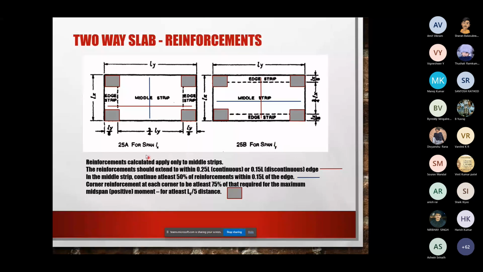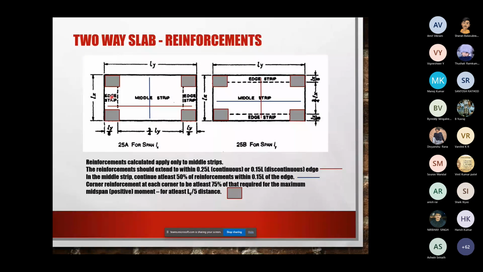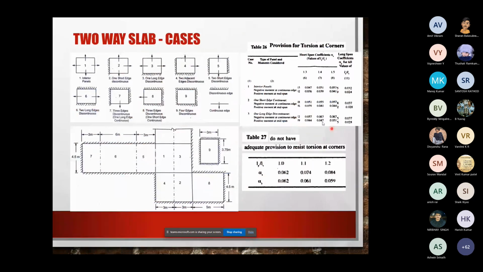All the reinforcements that you calculate are usually applicable to the middle strip. Whatever you calculate, both the negative and positive reinforcements, are based on the bending moments. These are not bending moments, these are coefficients.